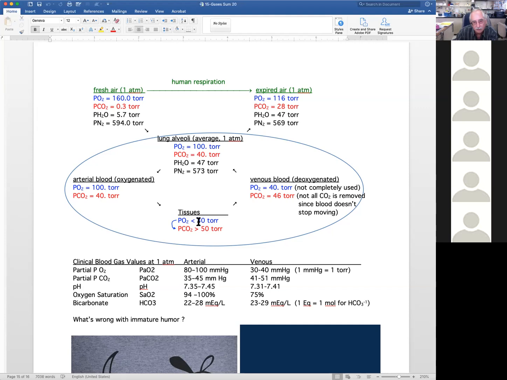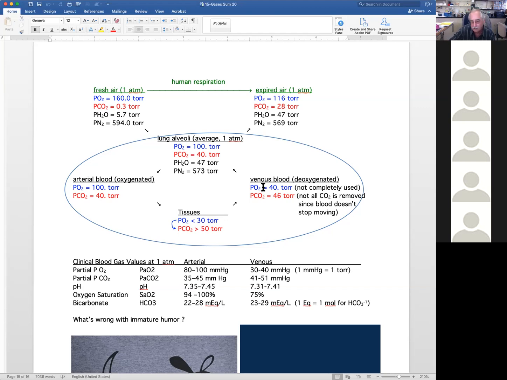So then it goes to the tissue. And in the tissue, oxygen is being converted into CO2. So it's pretty low in actively respiring tissue. So it will go from the blood to the tissue. And as it leaves the tissues and goes back to the lungs, this is where people get confused. Wait, it goes from 30 to 40? That doesn't make any sense.